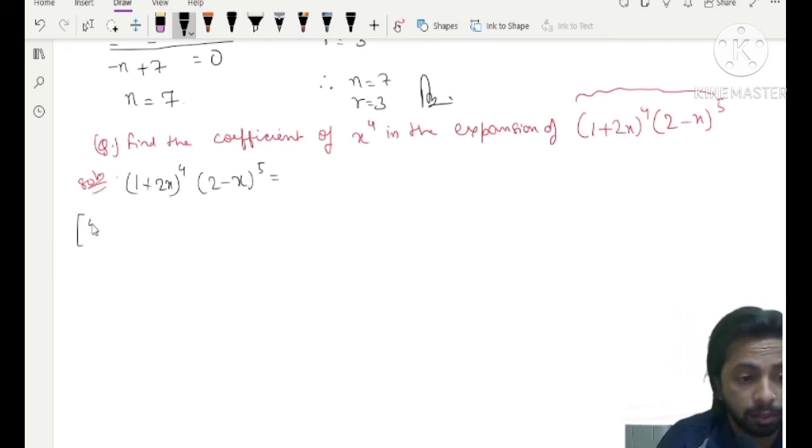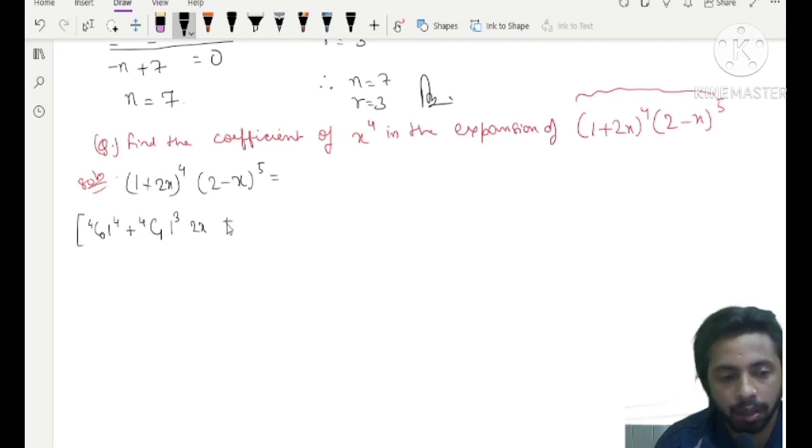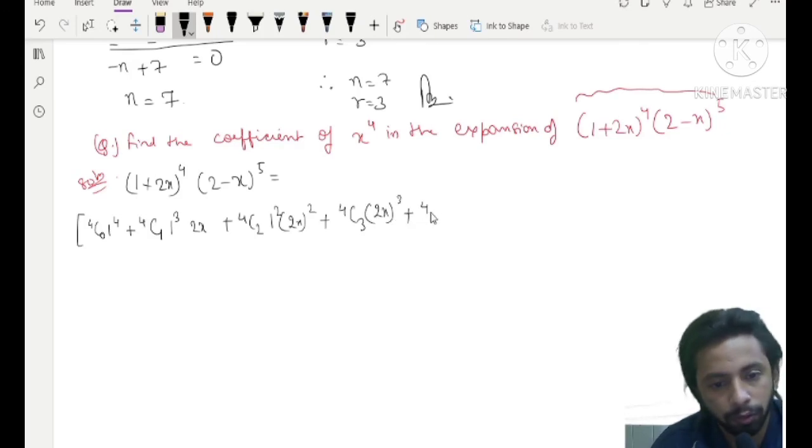This becomes 4c0 1 to the power 4 plus 4c1 1 to the power 3 2x plus 4c2 1 to the power 2, uselessly I am writing 1, 2x square, plus 4c3 2x cube, plus 4c4 2x to the power 4.